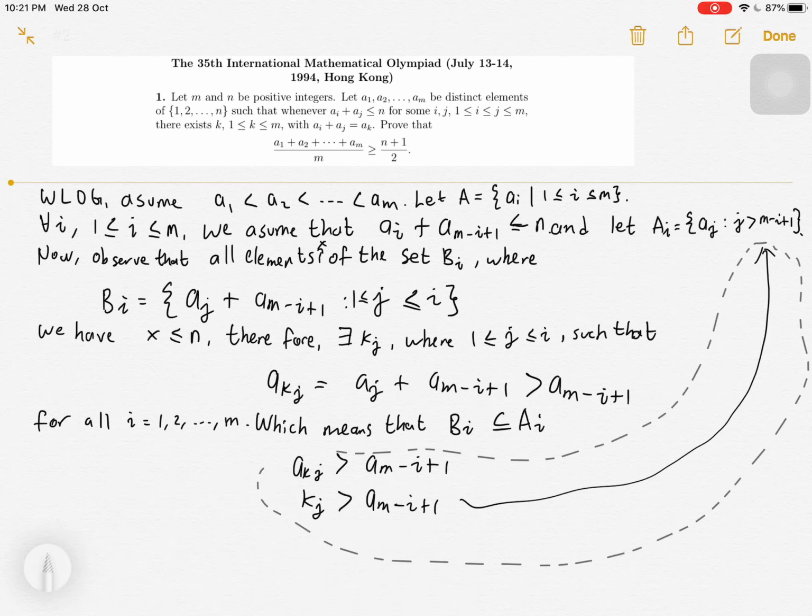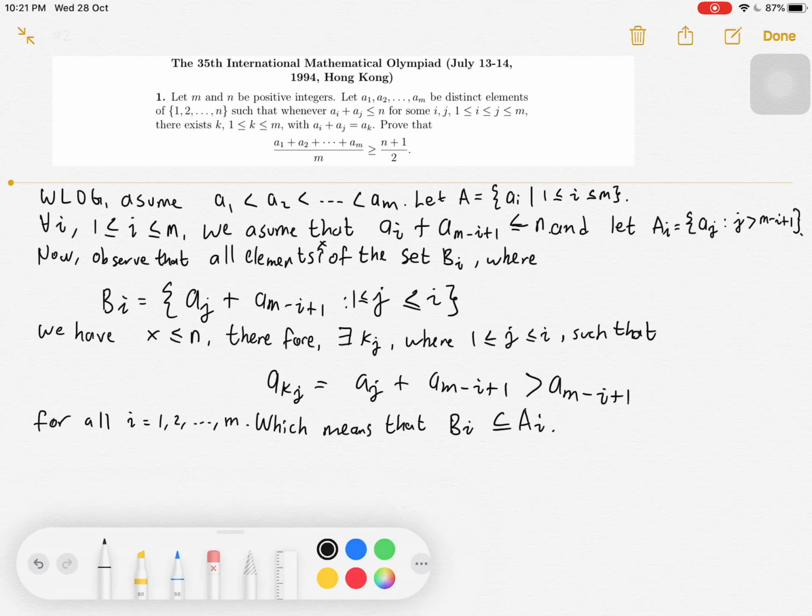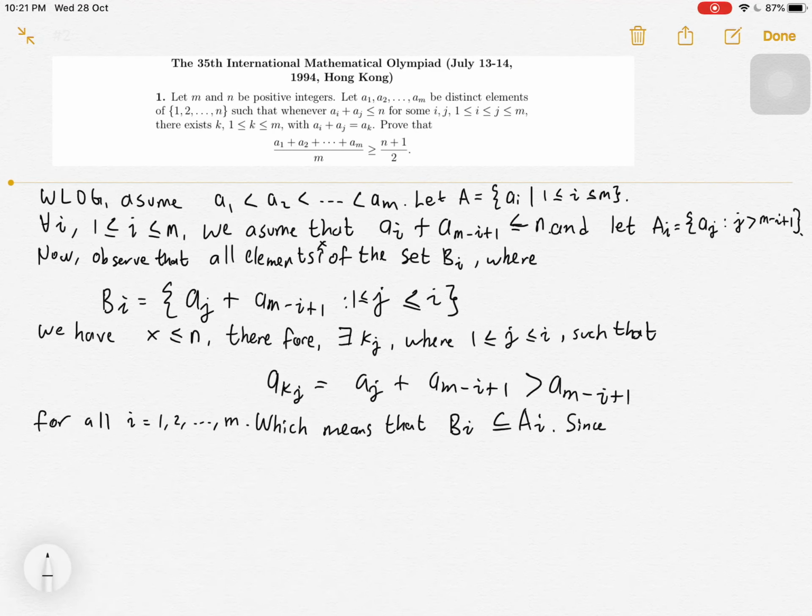So now, what's happening here is that since a_1, a_2, up until a_i are all distinct, we have the cardinality of B_i is equal to exactly i.